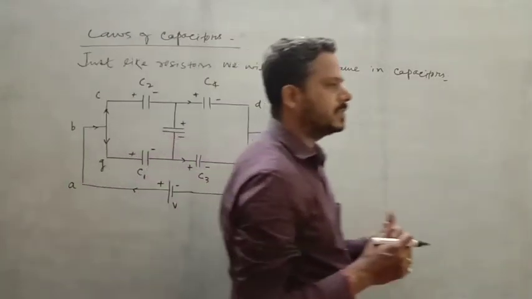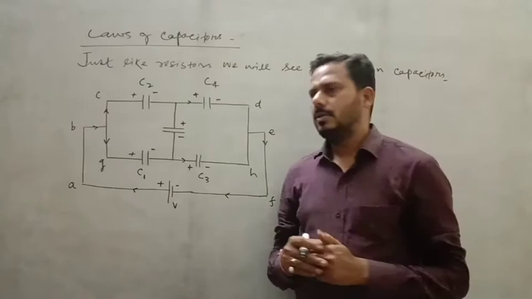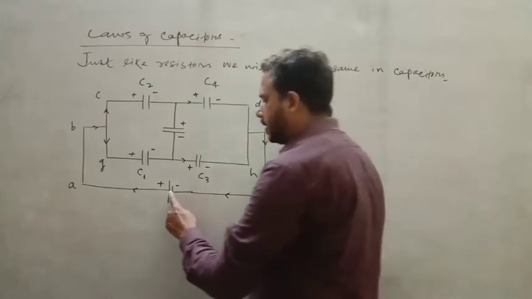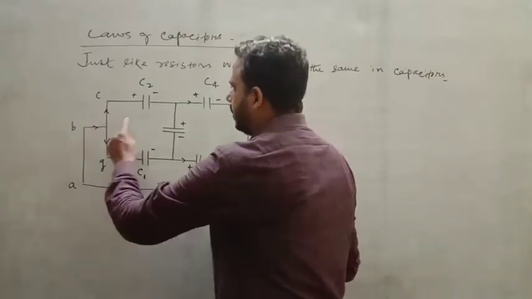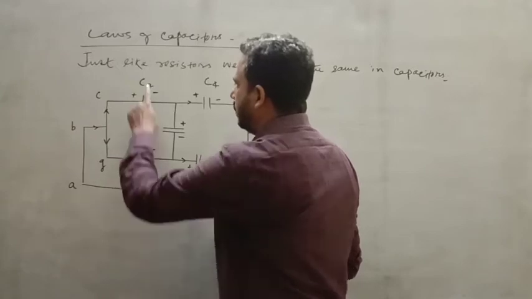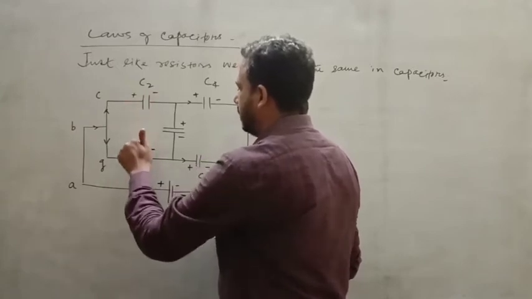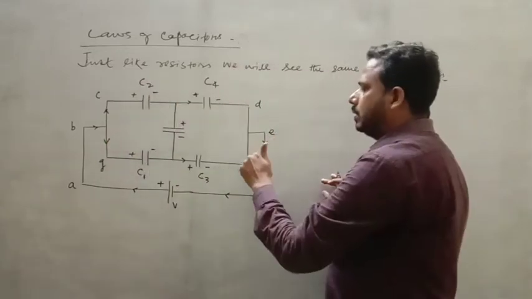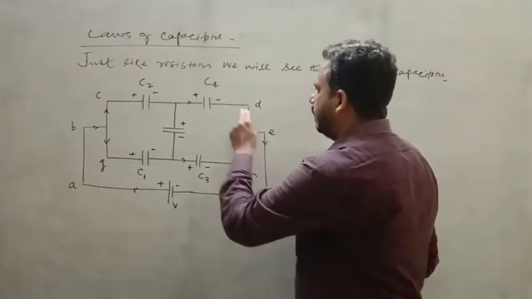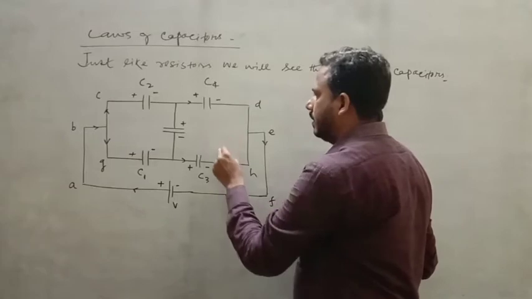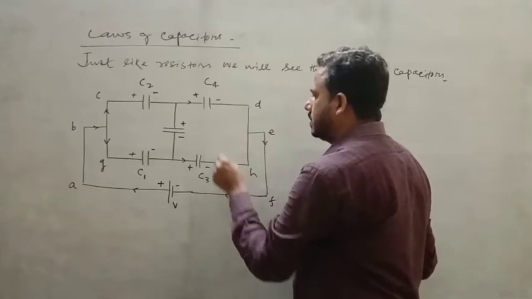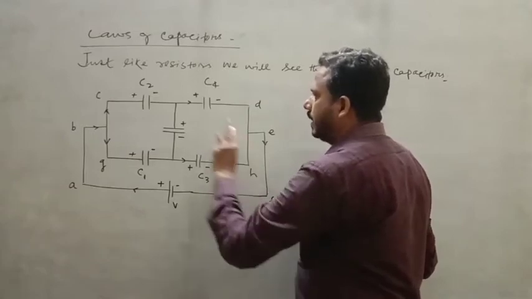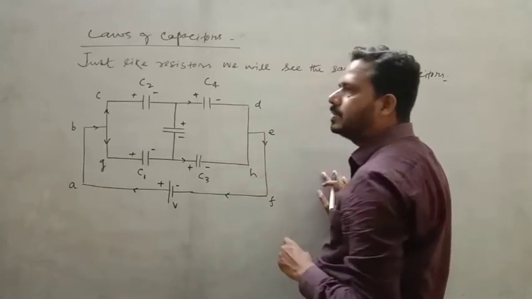In the first law, the amount of charge deposited on the plates of this capacitor, in sum, would be equal to the negative charge deposited on the plates of the capacitors C2, C3 and C4, the same in magnitude.